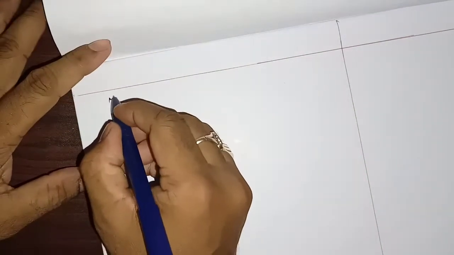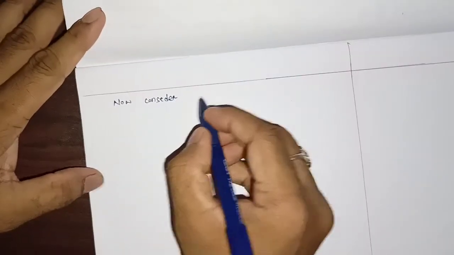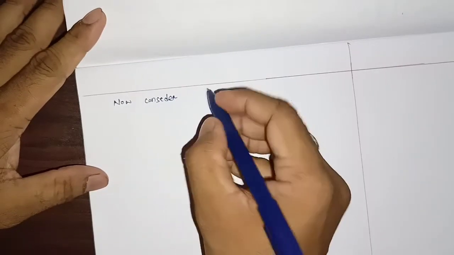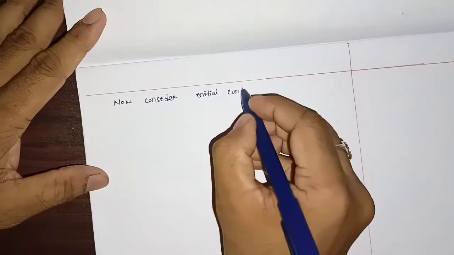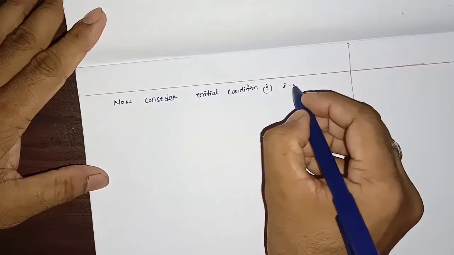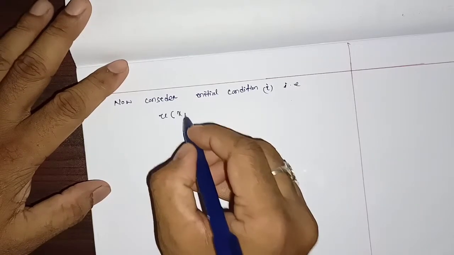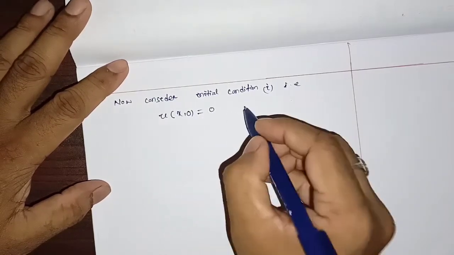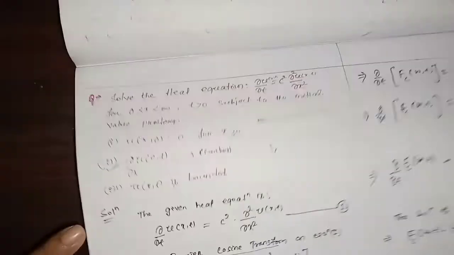Now consider initial condition I, that is your u(x,0) equal to 0 for x greater than or equal to 0, this one.